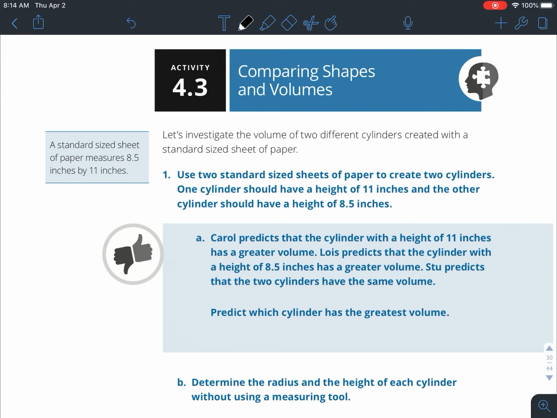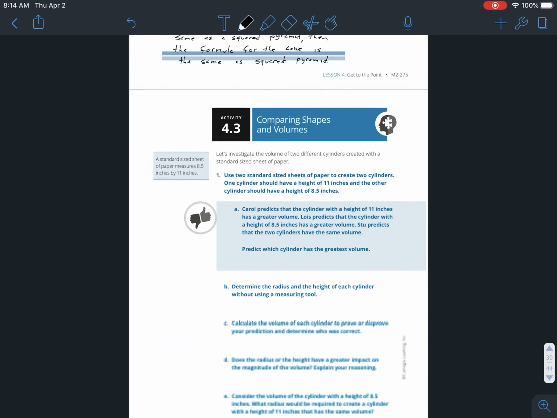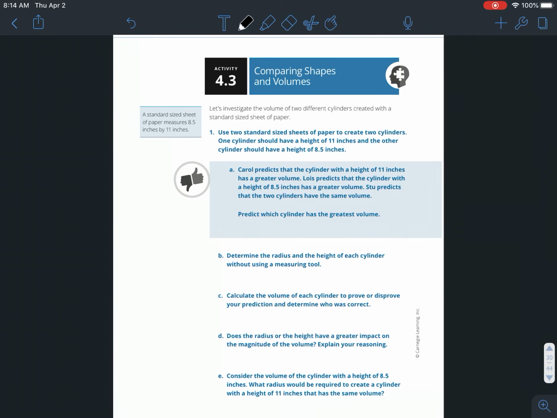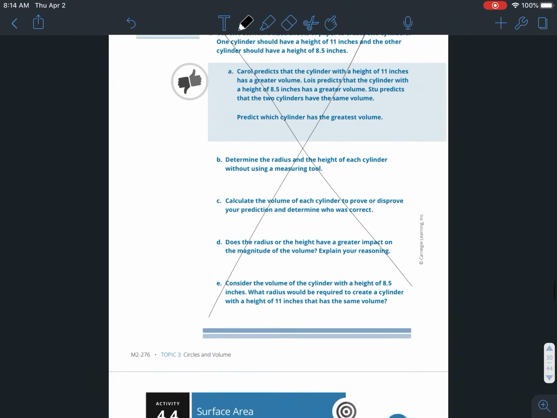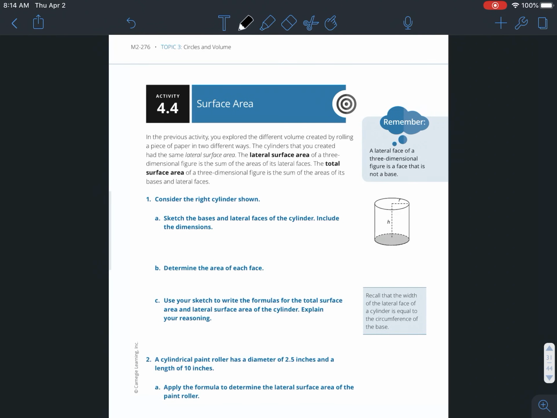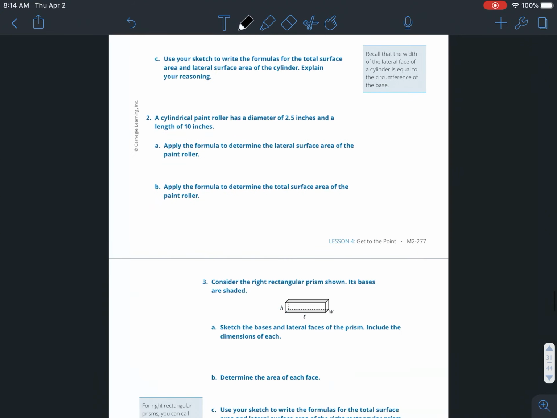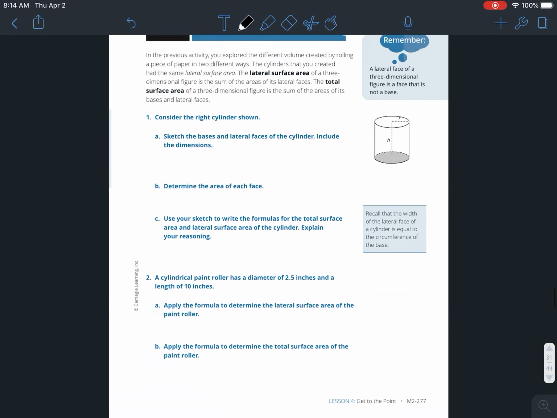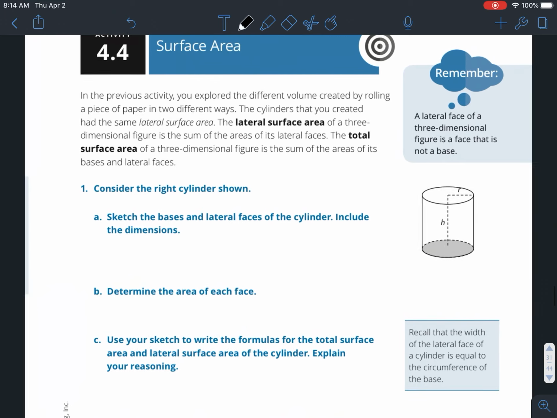So we're going to skip 4.3 because they're having you do this on your own on a separate sheet of paper. In case you don't have it or understand how to make it, we're going to come back and do this later if we need to review when we return to school. So let's just go to 4.4. We'll get through part of 4.4, and then we'll finish 4.4 tomorrow.